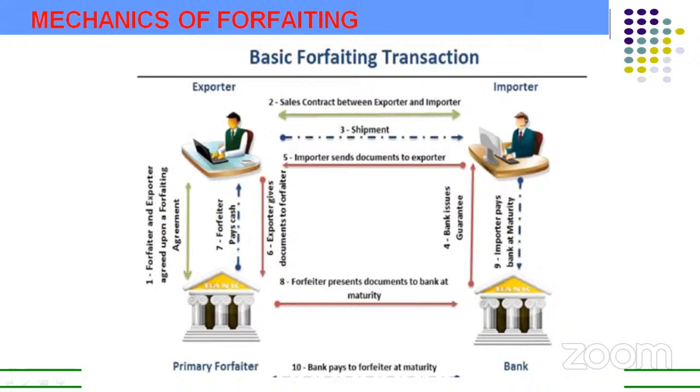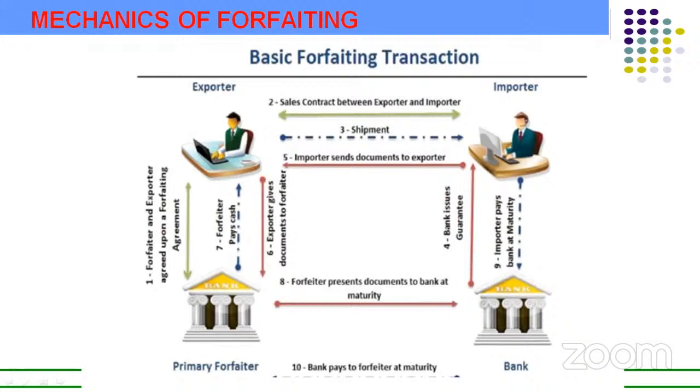The next feature is that forfeiting is a non-recourse transaction. Once the instrument is discounted by the forfeiter, the responsibility of collecting cash lies with the holder of the instrument, because of which the risks arising in international trade, like commercial and political risks, get transferred from the exporter to the forfeiter.